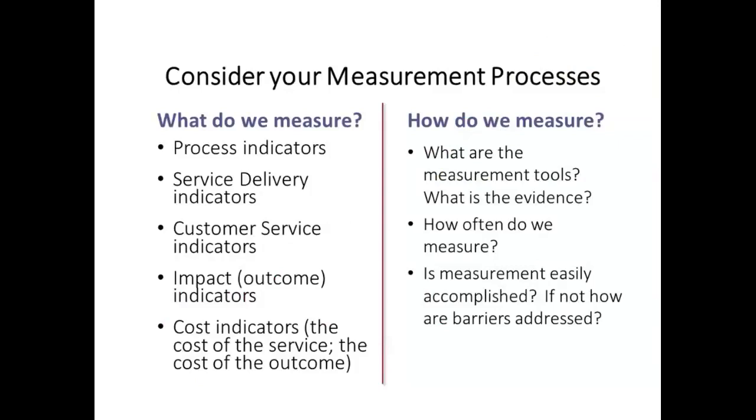We might be looking at service delivery indicators that provide straightforward information about what a program is providing, how much, how many, how often. Those are the kind of questions we can answer with service delivery indicators. Then customer satisfaction indicators provide information about whether the program met the customer expectations.